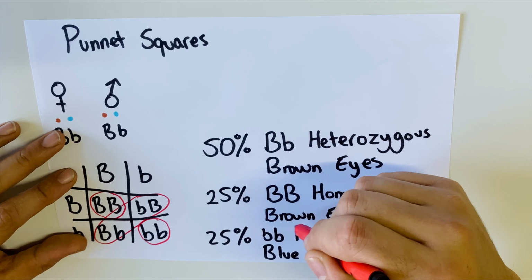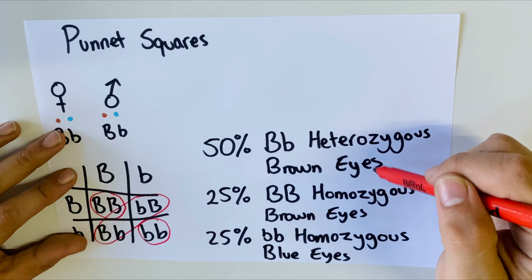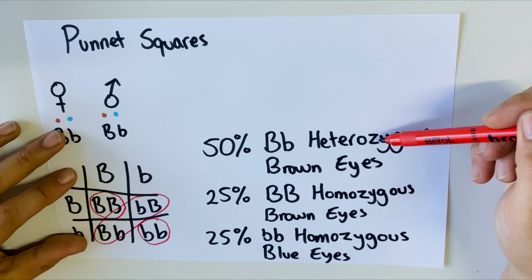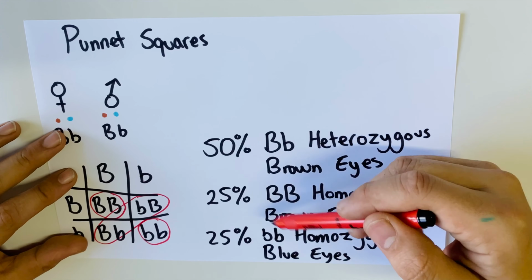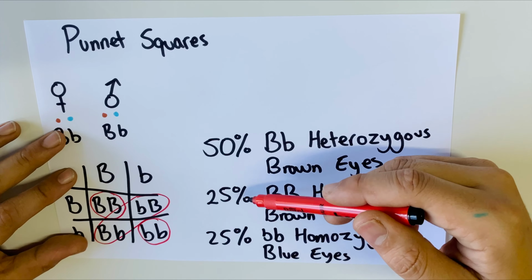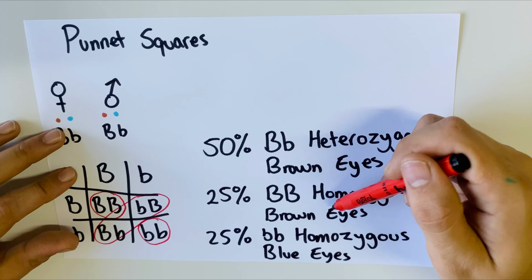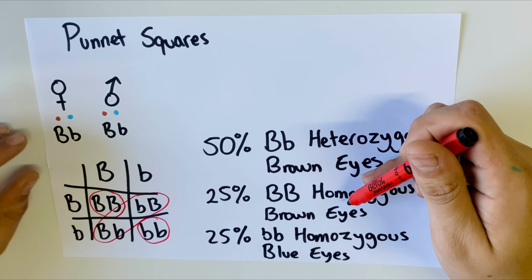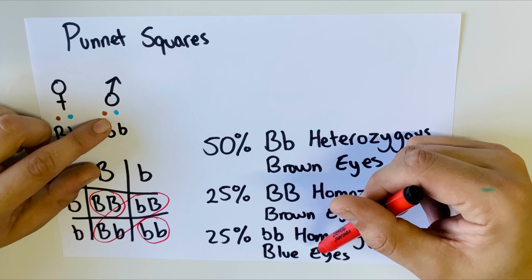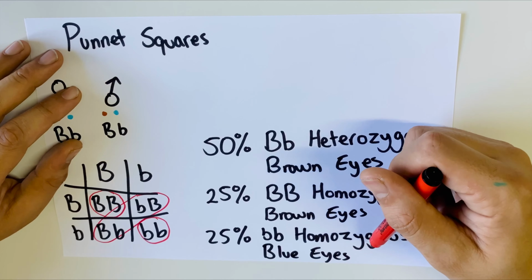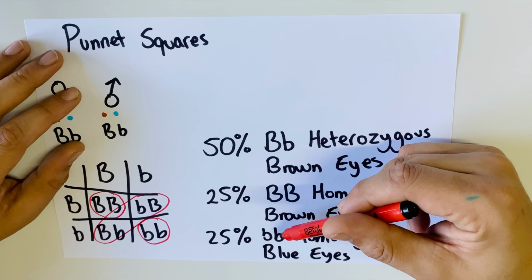There would be no way to determine whether a brown-eyed offspring was heterozygous or homozygous until it grew up and potentially bred with, let's say, a homozygous blue-eyed person. In this case, someone with blue eyes is definitely homozygous because of the way recessive genes work.